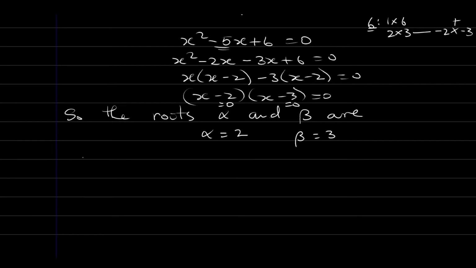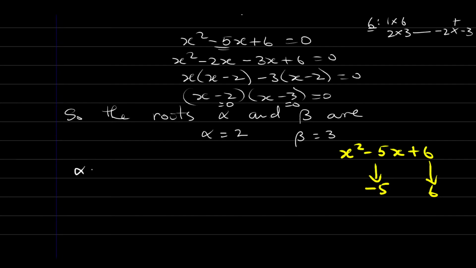Now, let's verify that it works. We need, and I'm going to put it in big here, x squared minus 5x plus 6. Right? We need this here, which is the minus 5, and this here, which is the 6. Right? And let's see what we get.